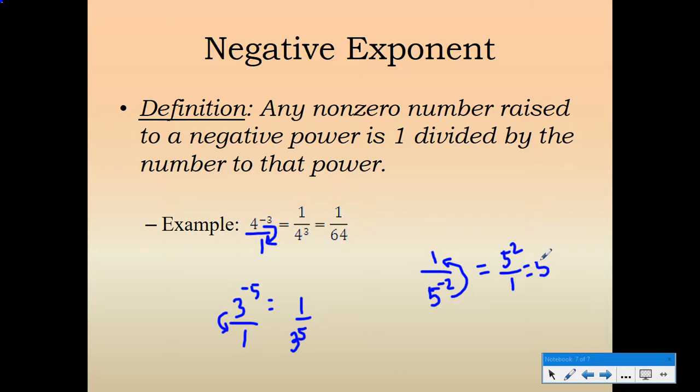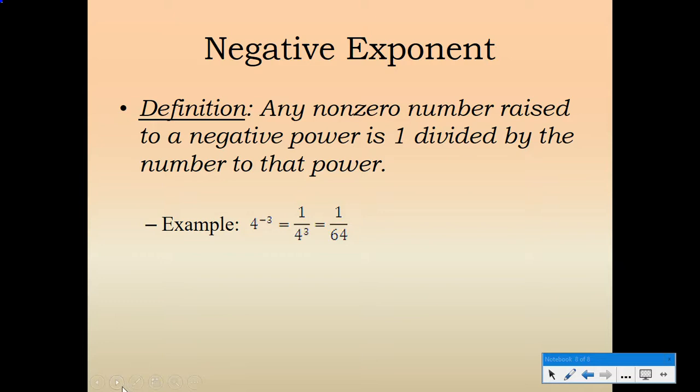So it's just 5 squared. You cannot have a negative exponent in a simplified term. Otherwise, the term's not simplified as far as it can go. So to make your negative exponent positive, in summary, a quick shortcut to remember: change its location in the fraction.